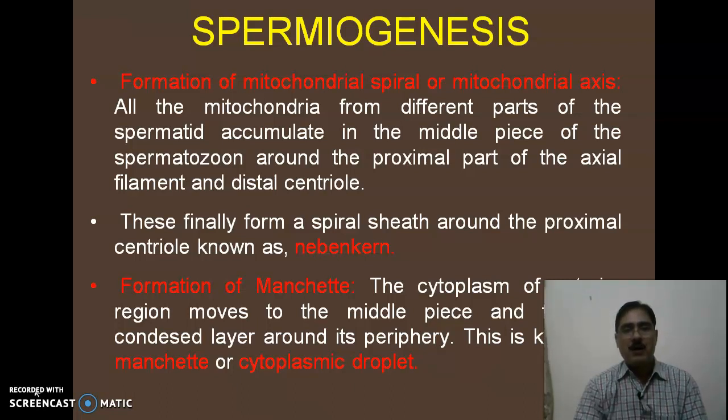These finally form a spiral sheath, which is known as the nebenkern. Then the formation of the manchette. The cytoplasm of the anterior region moves to the middle piece and forms a condensed layer around its periphery, and this is known as the manchette or cytoplasmic droplet.